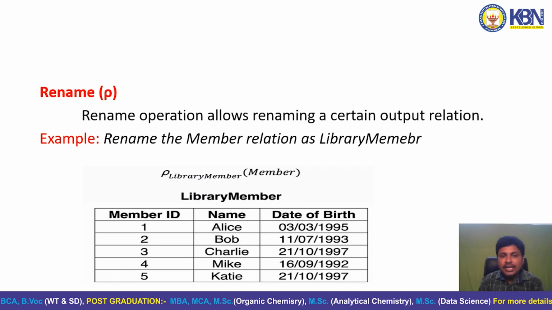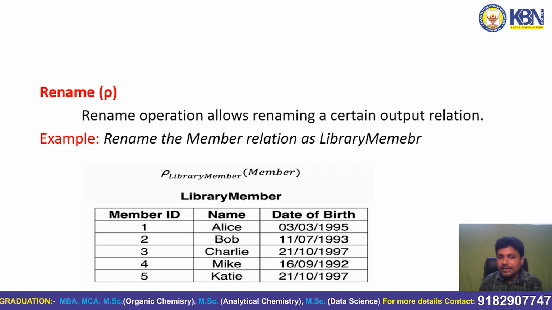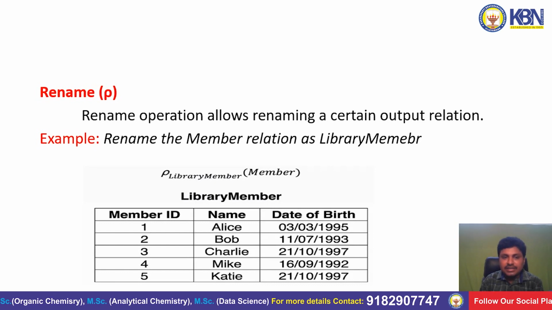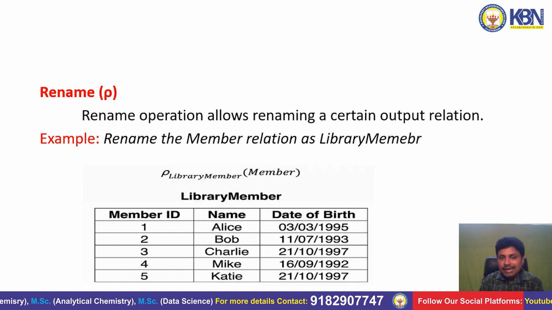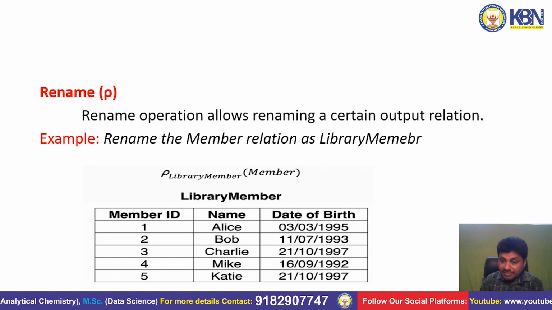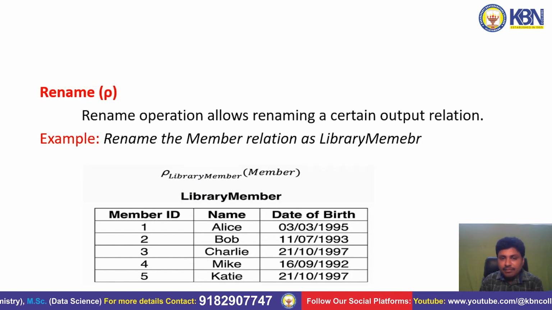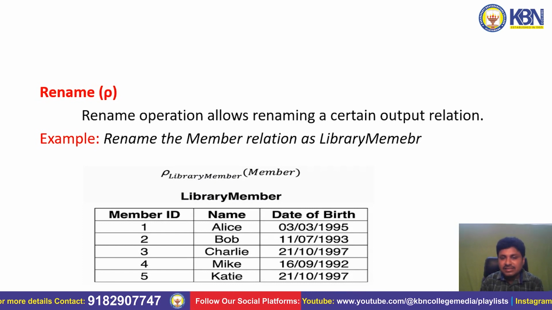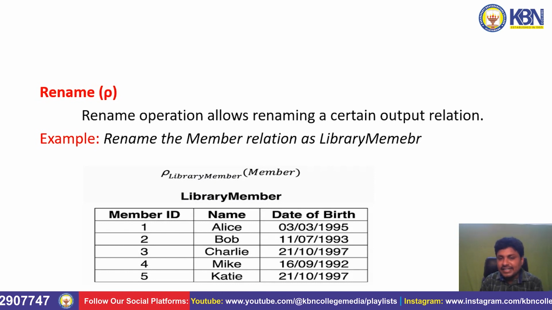Next, rename. The rename operation allows renaming a certain output relation. Suppose we denote the symbol, rename library member, and the relation name is member. Member ID, name, date of birth. Member ID is 1, name Alice, and the date of birth is March 3rd 1995.